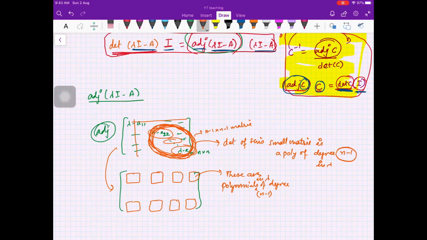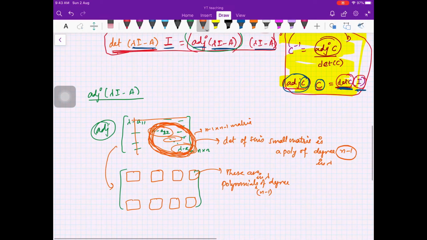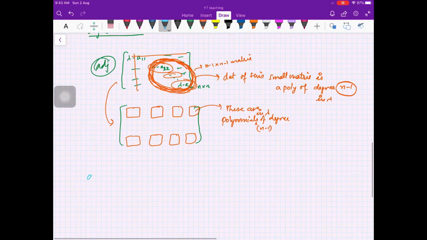The variable is lambda. So it means that for this particular matrix, adjoint of lambda I minus A, every term is a polynomial of degree n minus 1. I'll just give you an example. Suppose this is 2 cross 2.